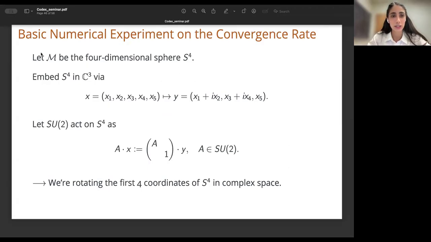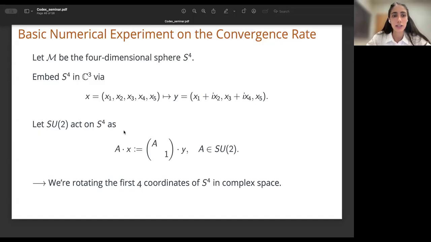So we're going to let our manifold be the 4-dimensional sphere, S4. And we're going to embed it in C3 via this map, where you just take pairs of points and send some of those points to the imaginary components of C3.